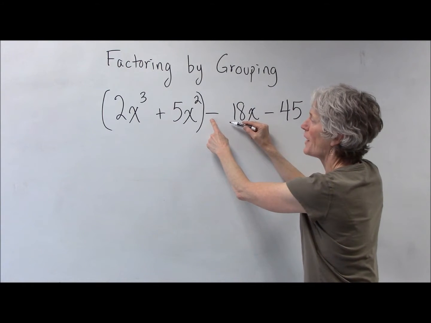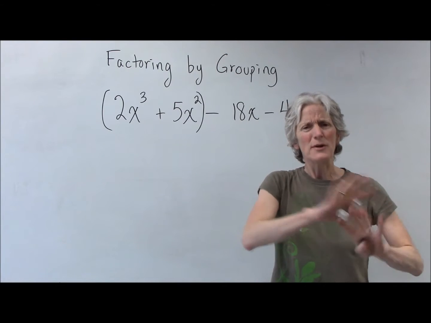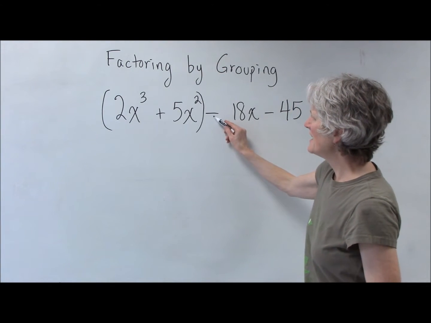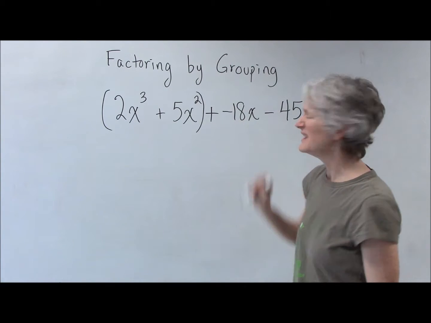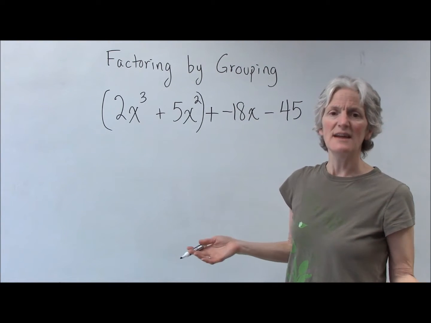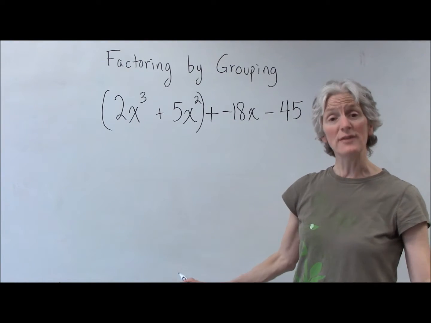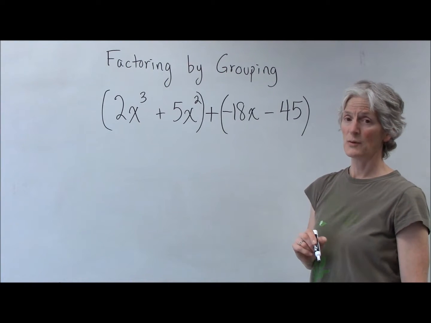Whenever you have a subtraction in front of a parentheses, that means you're distributing it in. So instead, is it okay just for me to write a subtraction as plus a negative? That's fine, right? Subtracting a number is the same as adding a negative. So I'm going to do that first, then I'll put in my parentheses. Are we okay?